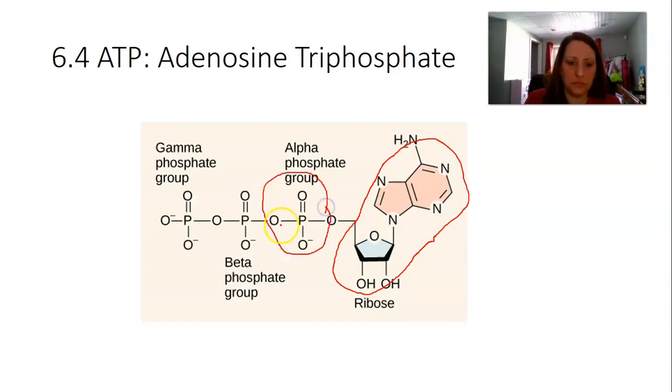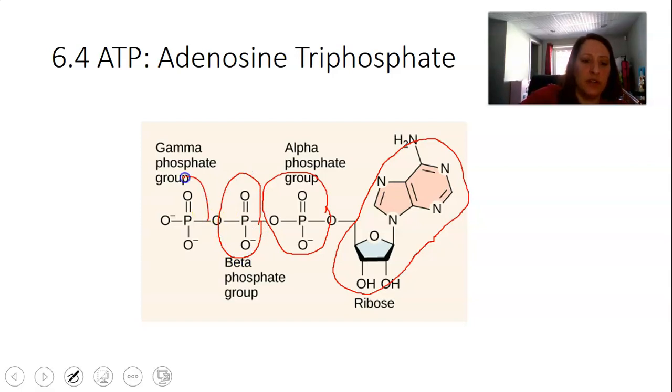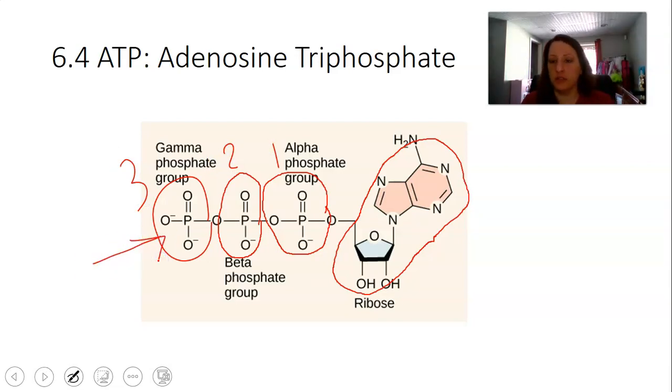1, 2, 3. Some books will refer to them as phosphate group 1, 2, and 3. This third phosphate group is always called the terminal phosphate group or the end phosphate group.